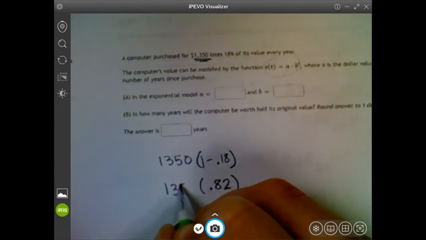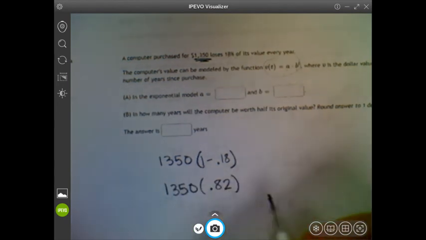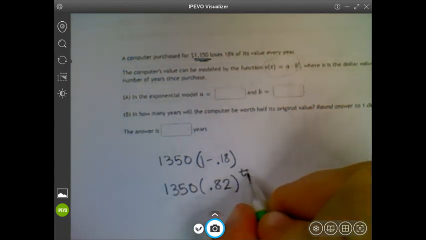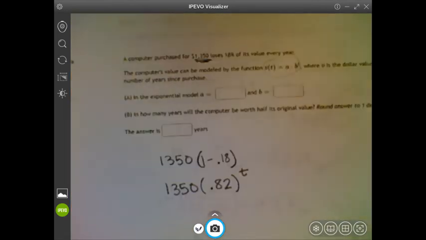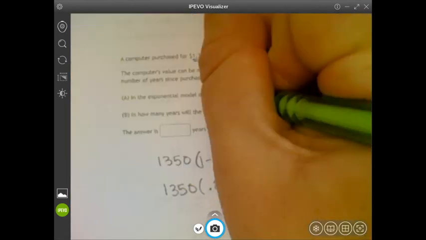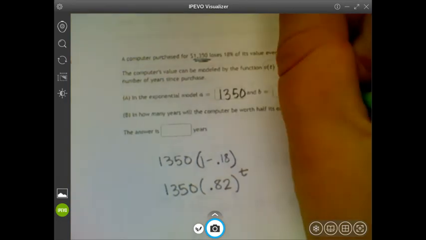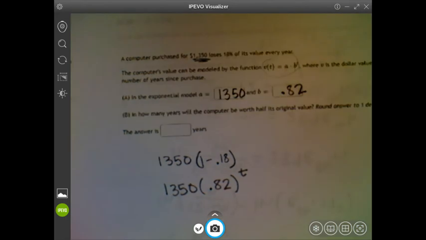So it's 1,350 times 0.82 to the power of t. It's either the percent plus 1 or the percent being subtracted from 1. It will pretty much hardly ever be the actual percent just as it is. So in this case, your A is 1350 and your B is 0.82.